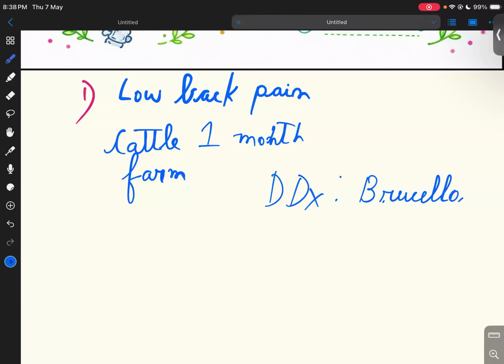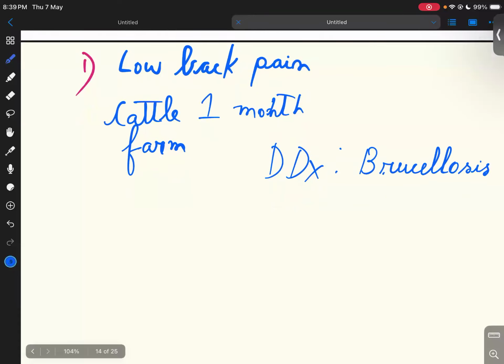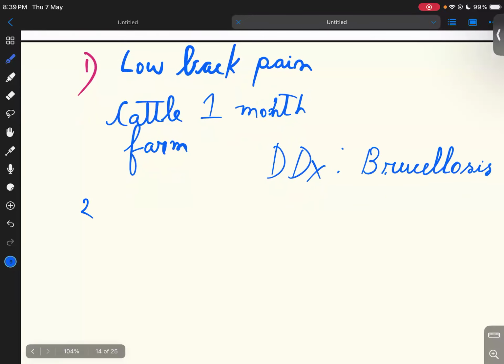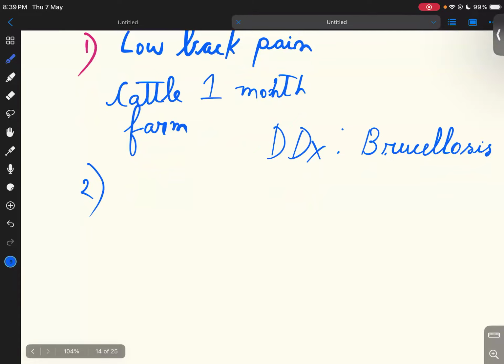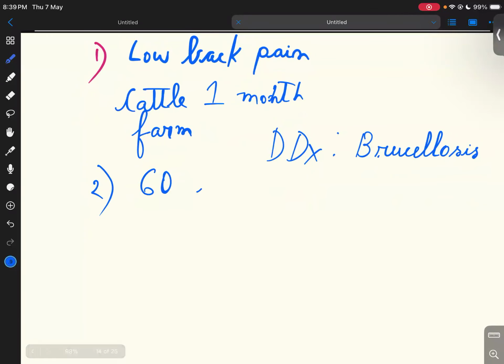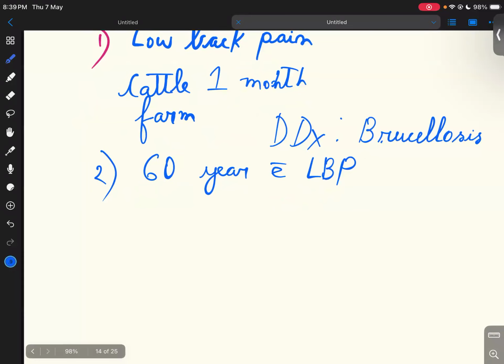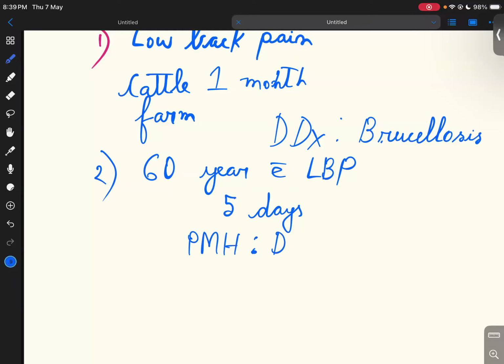They just kept some medical student there with this history. Let me get back to another example. It was a case of a 60-year-old male who is having low back pain. The prompt was low back pain. After entering, he was complaining that he was having this back pain for the last 5 days. In the past medical history, he is a diabetic patient, which is well controlled.